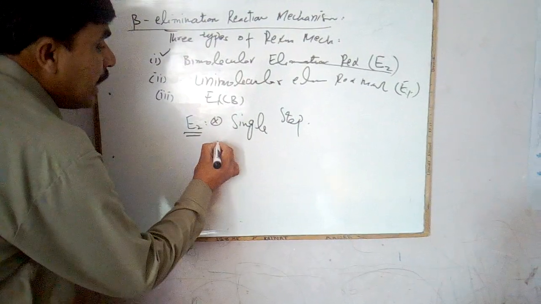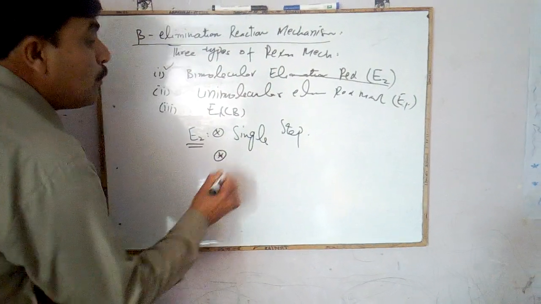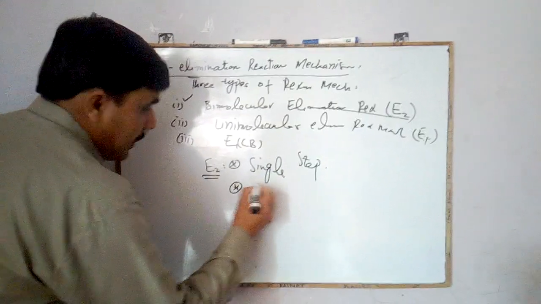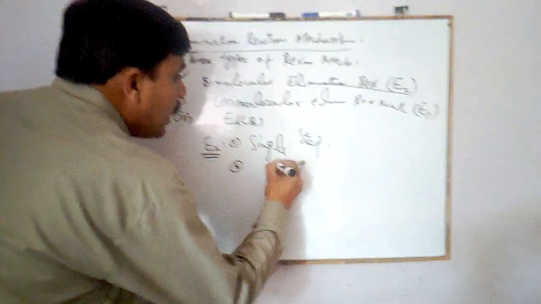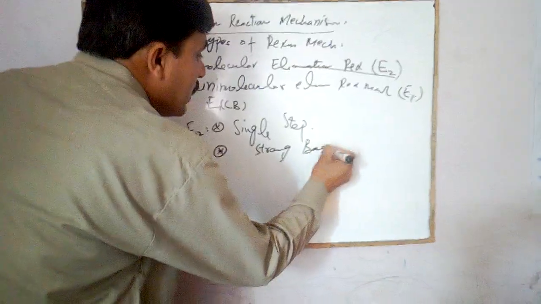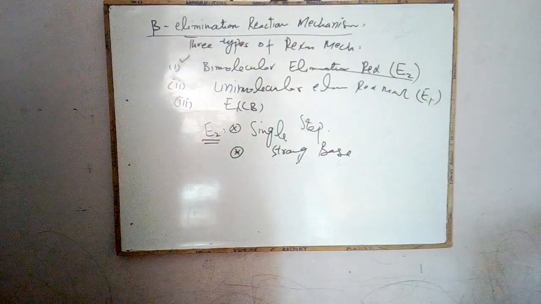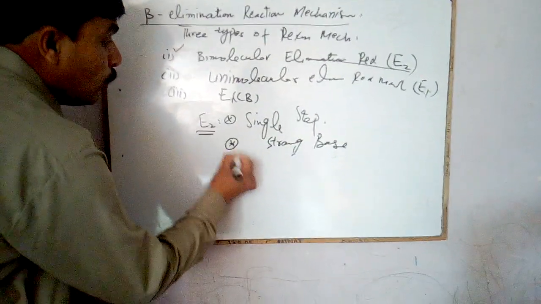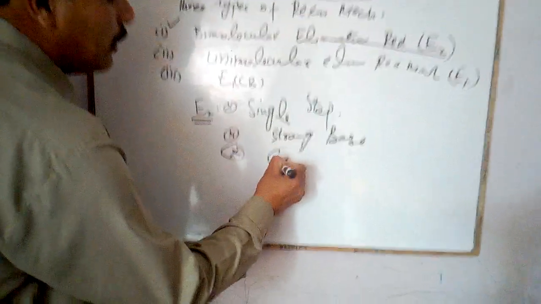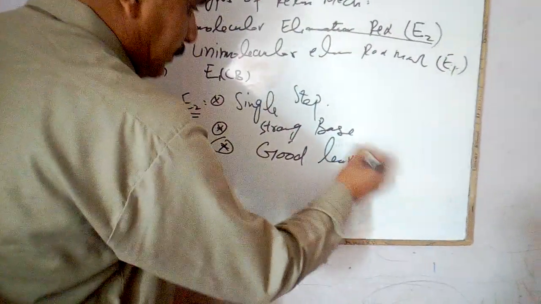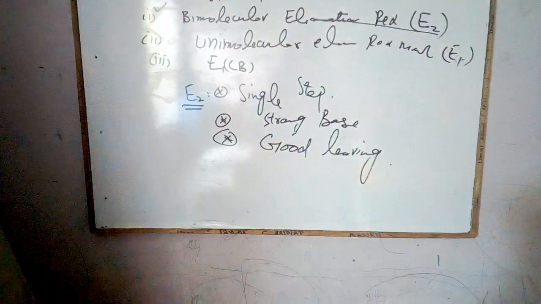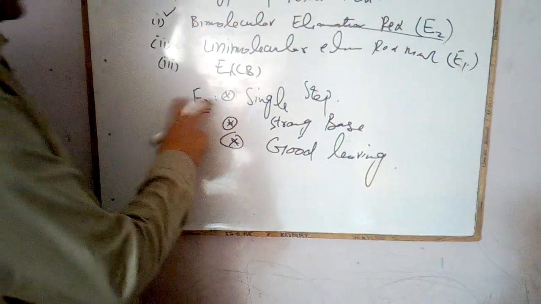This reaction can be catalyzed by a strong base. It means we need a strong base and a good leaving group in order to carry out beta elimination by the E2 mechanism.